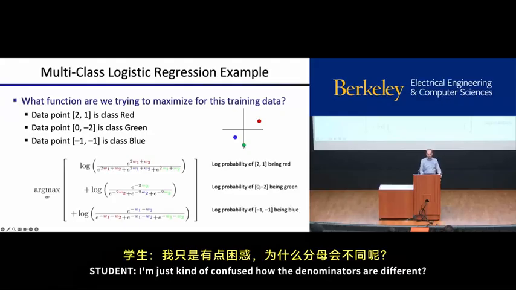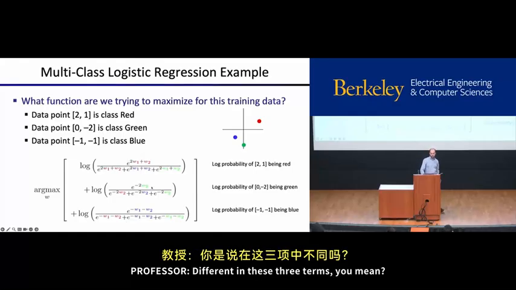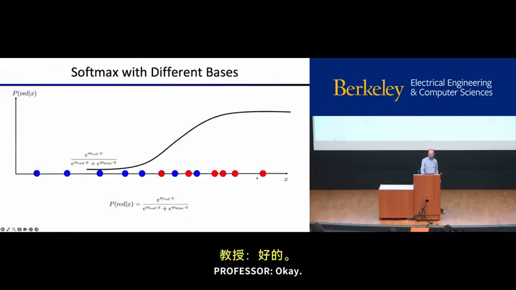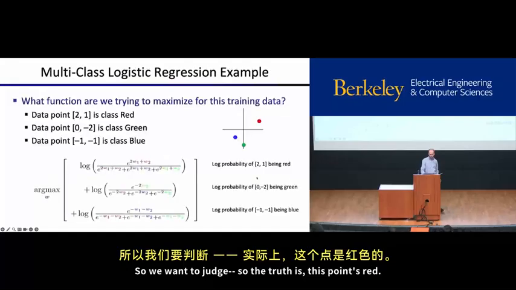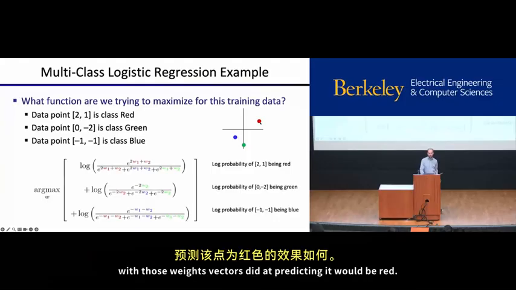I'm just kind of confused how the denominators are different. Different in these three terms, you mean? Yes. Okay, so the truth is this point's red, so we want to judge how well the logistic regression algorithm with those weight vectors did at predicting it would be red.